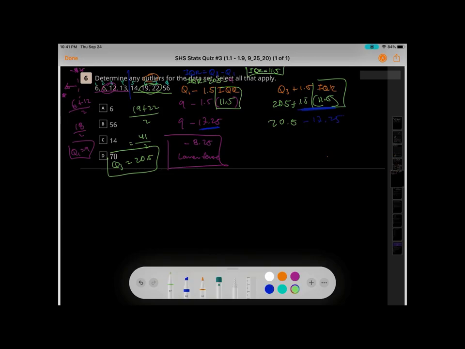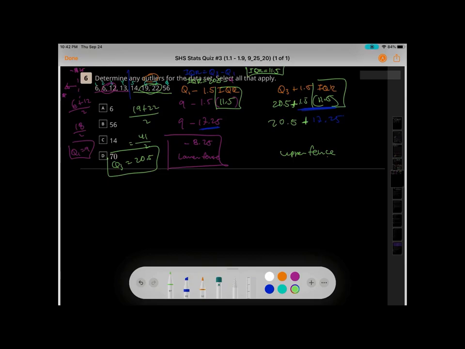So if you subtract those, you will get an upper fence of 20.5 minus 17.25, 3.25. That doesn't make sense. I don't know why I subtracted, because I should have just added. It didn't make sense because I got 3.25, and that would be a super low number. That means all the numbers would be outliers.